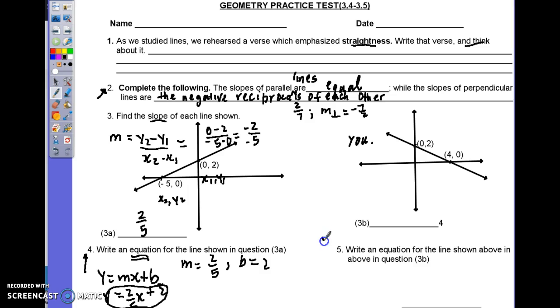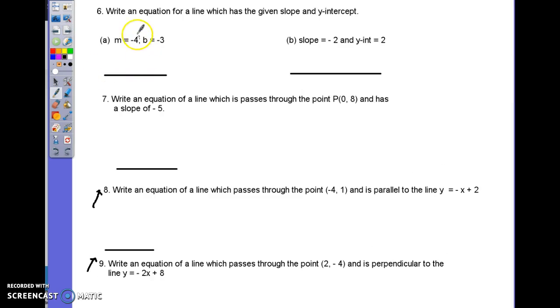This one you can do by yourself. Let's go to the other page. Here it says write an equation. So once again, you see equation, you're thinking y equals mx plus b. So they give us the m, they give us the b. How kind.